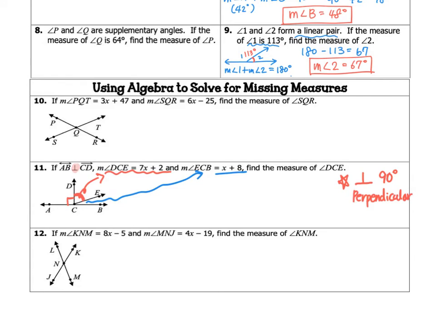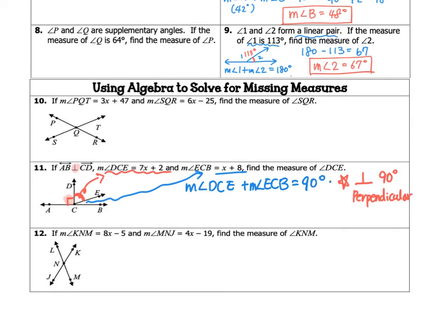So let's try. First clue is this perpendicular 90 degree right angle there. If that's a right angle, the other side is a right angle. So adding angle DCE plus angle ECB should equal 90 degrees, right?